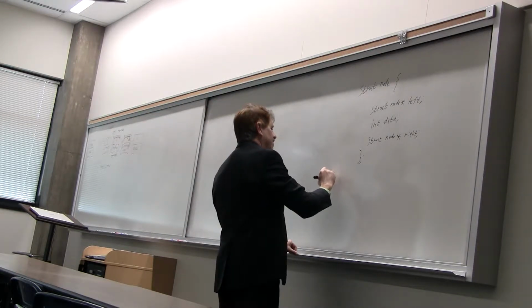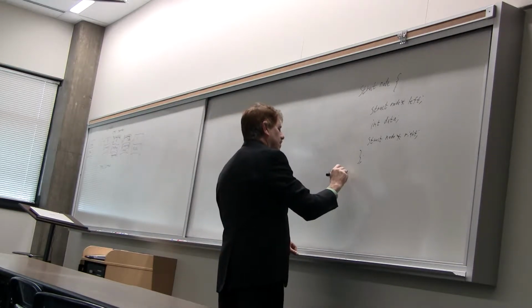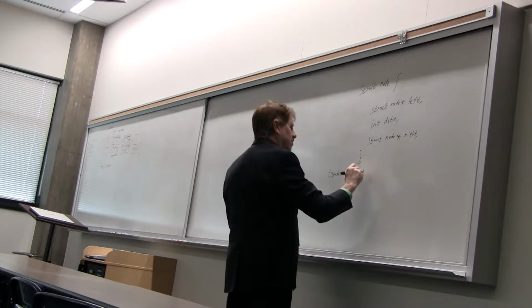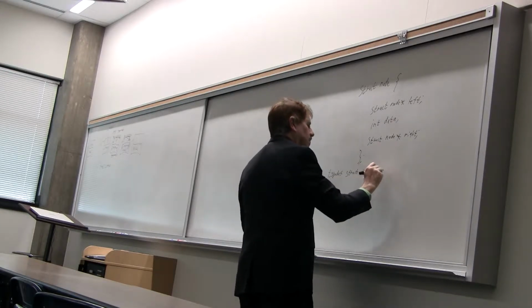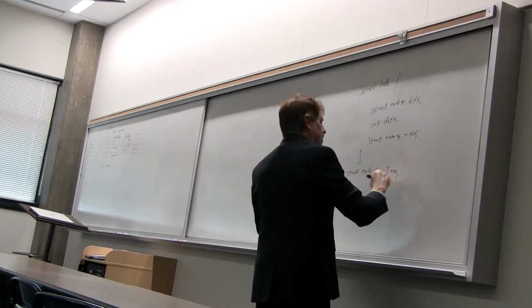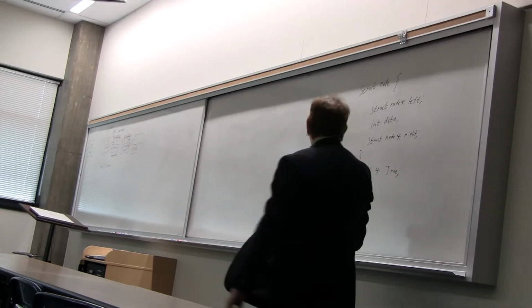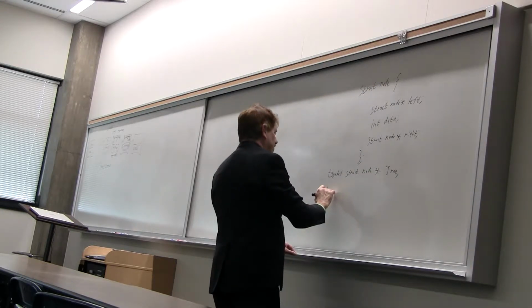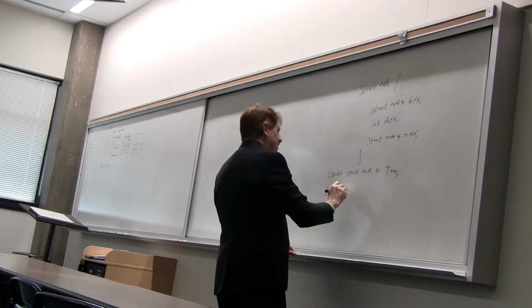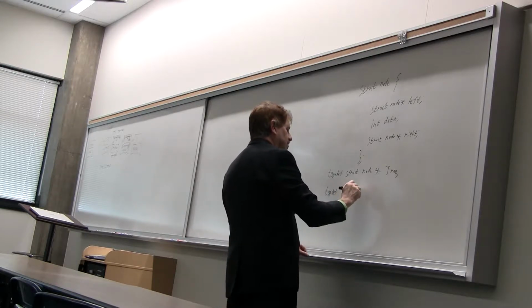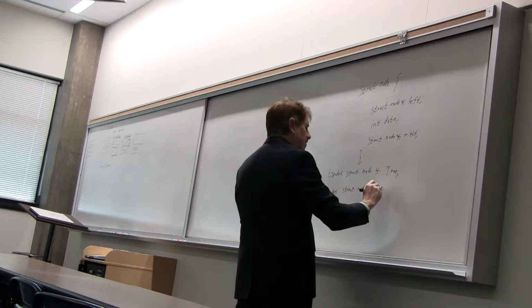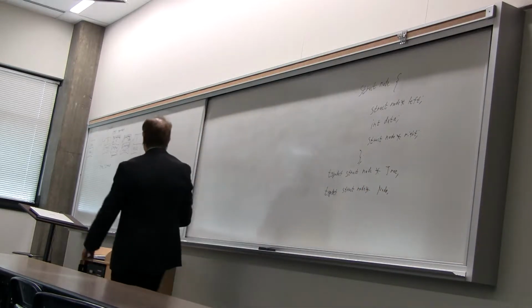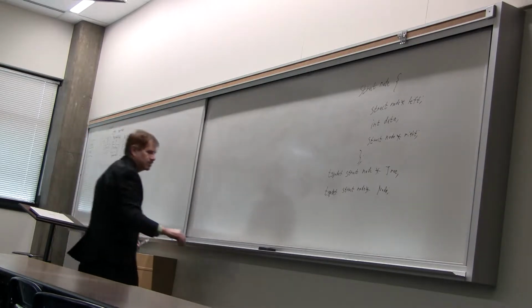I'm going to typedef struct node star and call this a tree. And I'm also going to typedef a struct node star and call that a node with a big N. So I've got a couple of typedefs available.